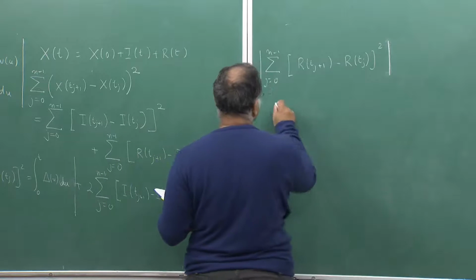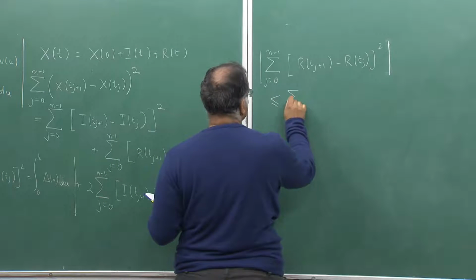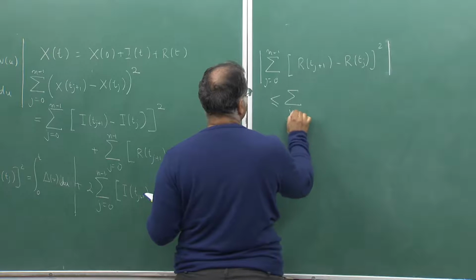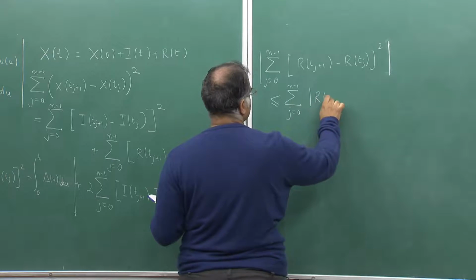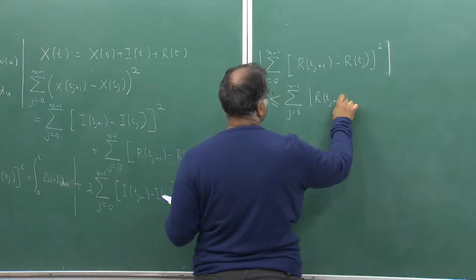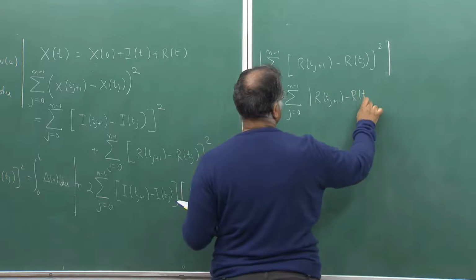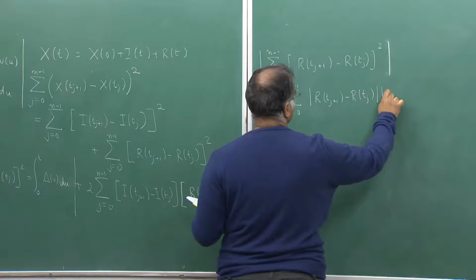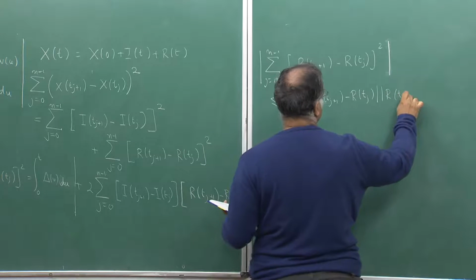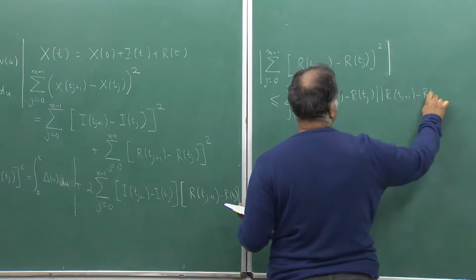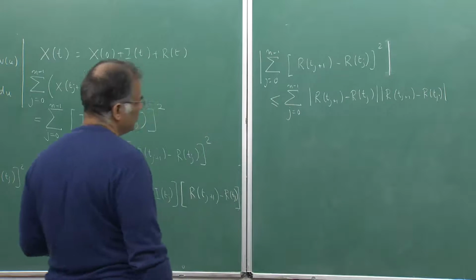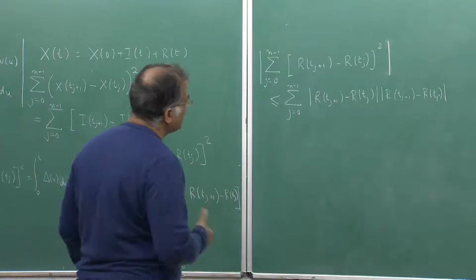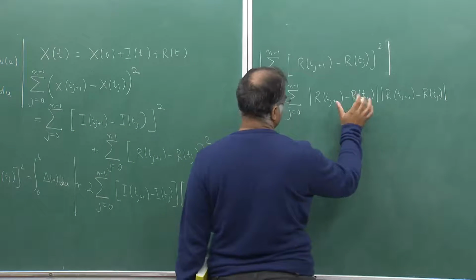So I can write that this is less than or equal to something, because this is a continuous function. So this difference would have a maximum value over the possible j's.